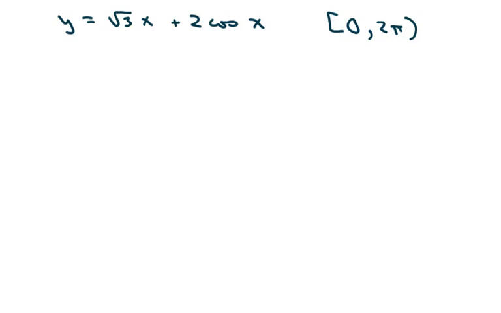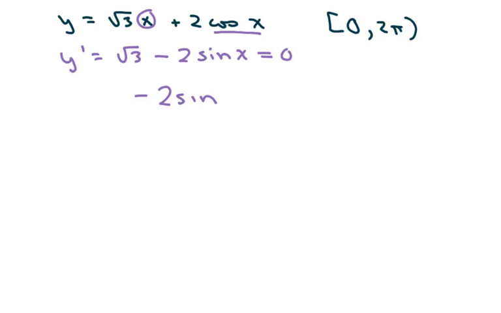And our last one is this one. We're going to take the derivative, and the derivative of x is just going to be 1, so we just get the square root of 3. That's our constant. The derivative of cosine is negative sine, so it's going to be minus 2 sine of x. We set this to 0, so we get negative 2 sine of x equals negative square root of 3.